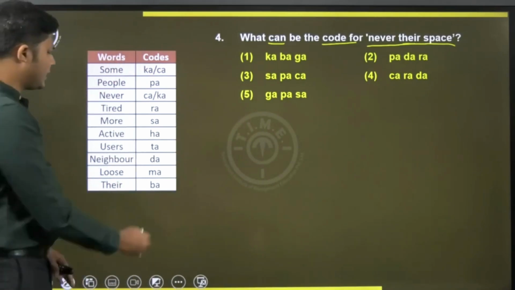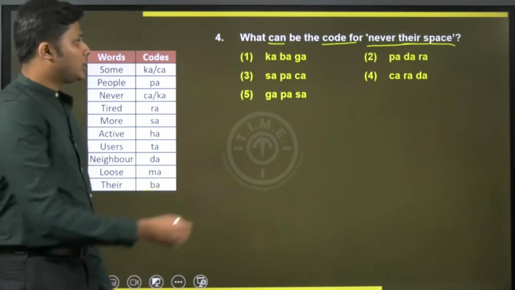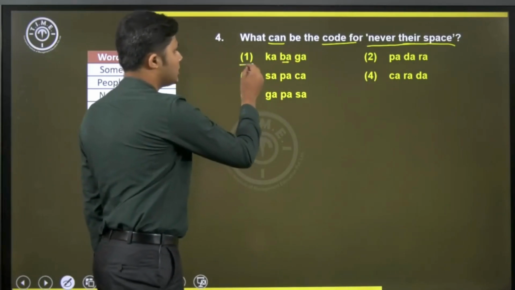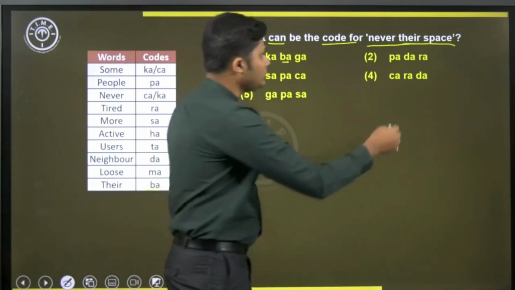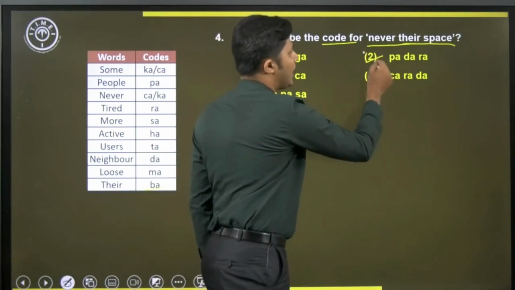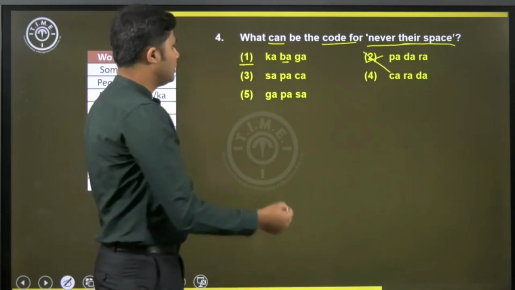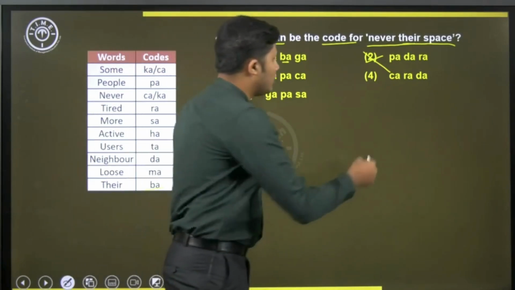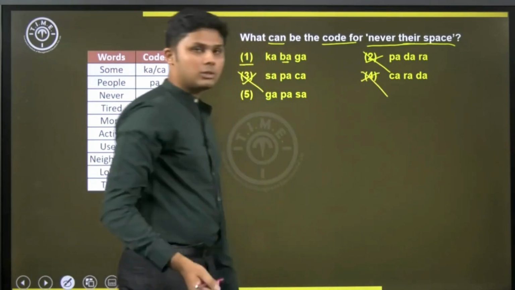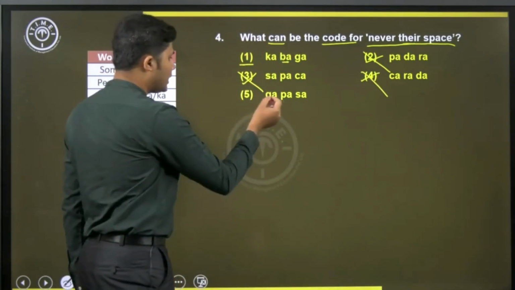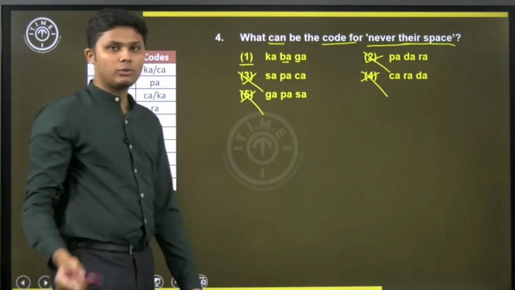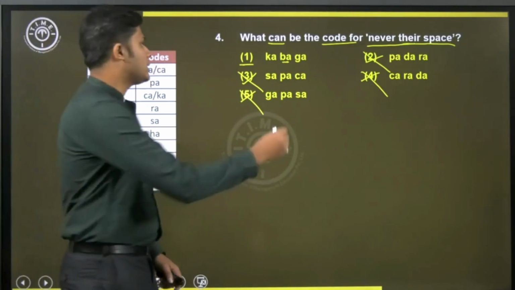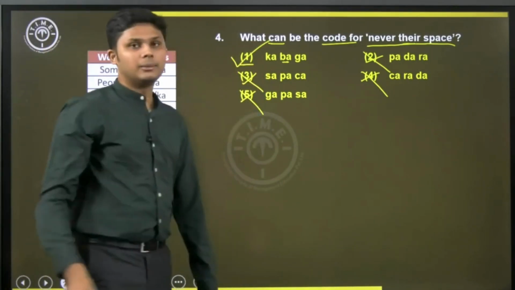We know the code for there is BA. Option 1 has BA, so this is a possibility. Option 2 does not have BA, so this is eliminated. Similarly, option 3 does not have BA, we can eliminate this. Choice 4 does not have BA, and similarly, choice 5 does not have BA. So only one option has BA and this has to be the answer.